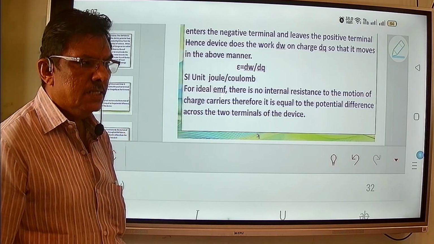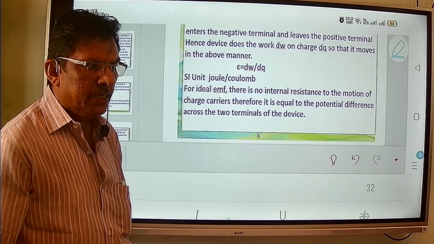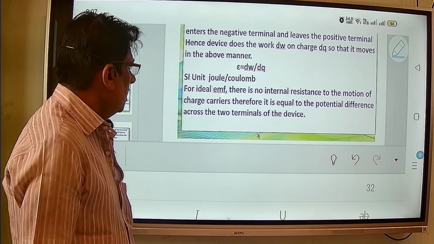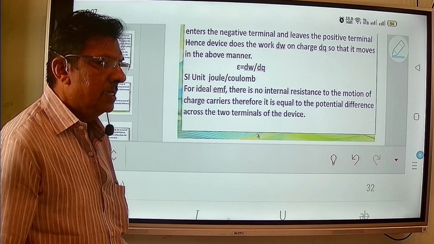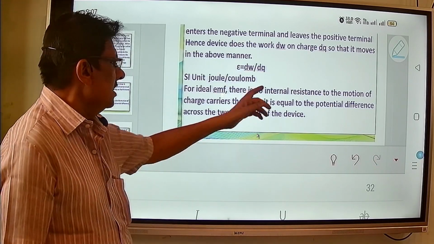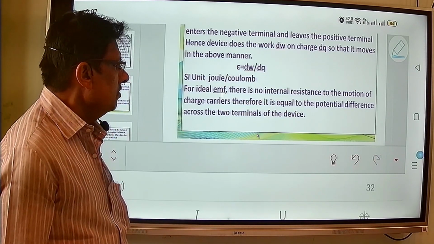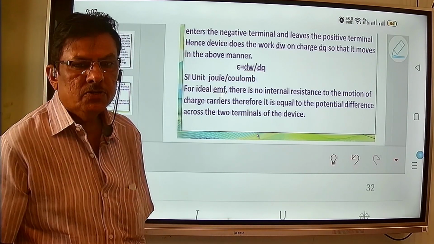We know that the cell contains internal resistance. But in case of ideal EMF, there is no internal resistance when the charge moves through that EMF. So there is no internal resistance to the motion of the charge carrier, and therefore it is equal to the potential difference across the two terminals of the device.